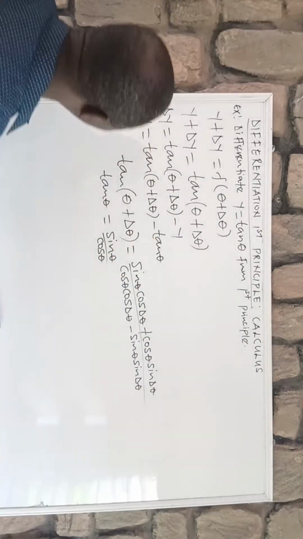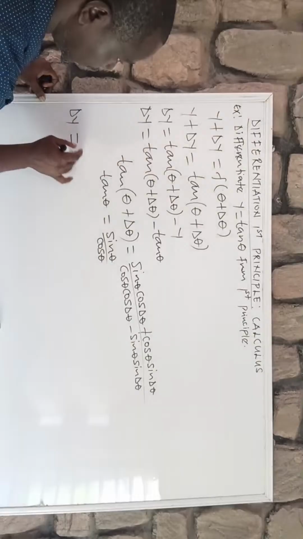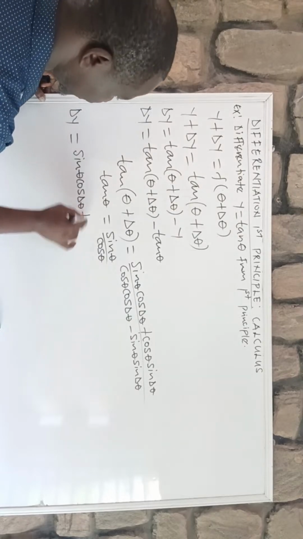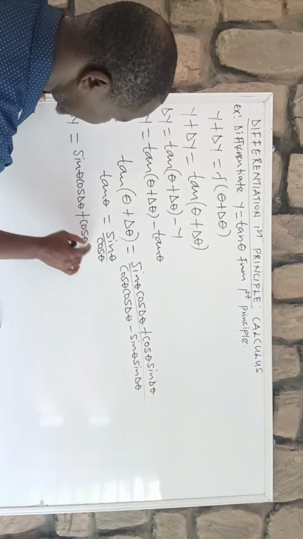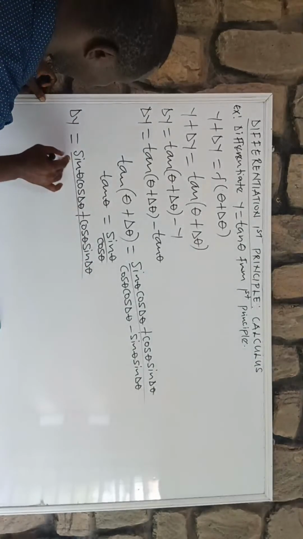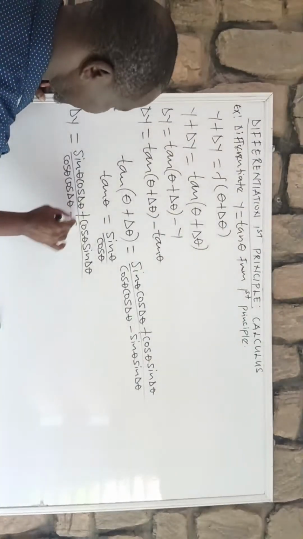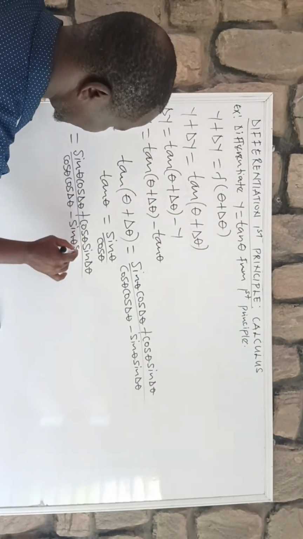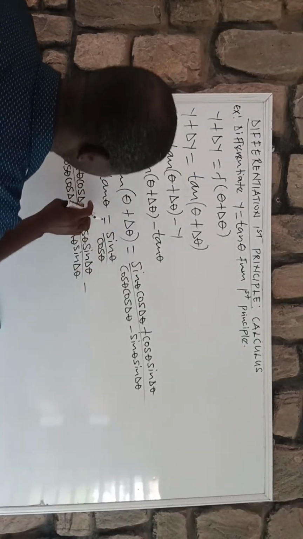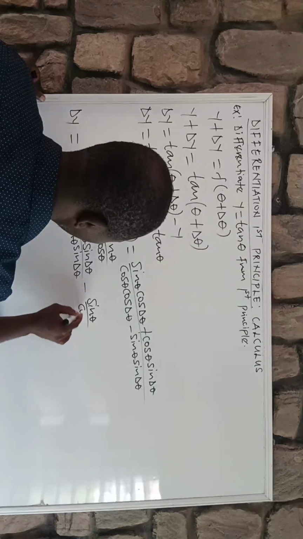Okay, here will be dy is equals to sin theta cos delta theta plus cos theta sin delta theta, all over cos theta cos delta theta minus sin theta sin delta theta. Now what we have here, minus tan theta, is known as what? Sin theta all over cos theta.